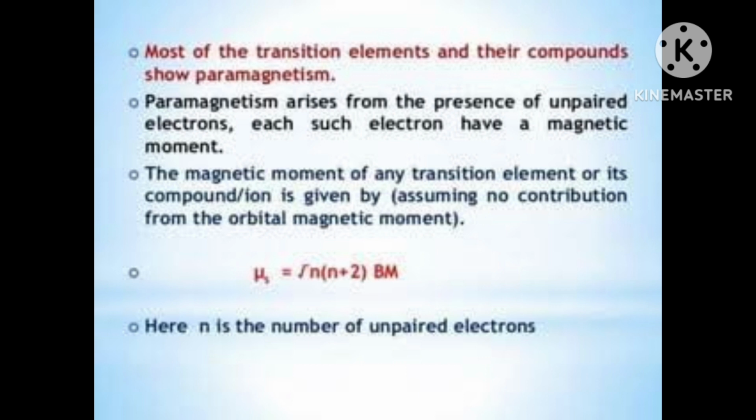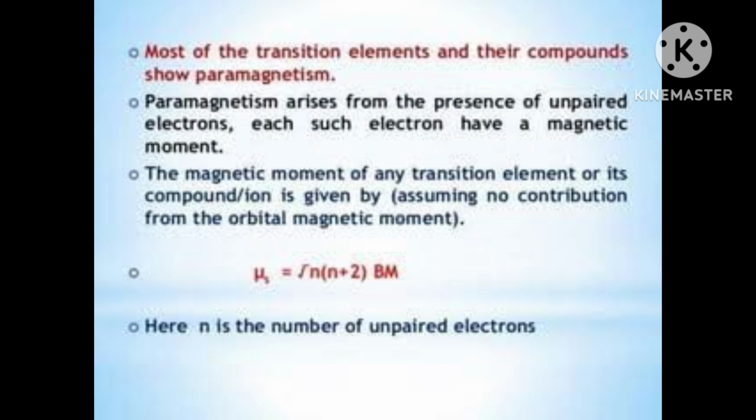Each such electron has a magnetic moment, and the magnetic moment is associated with, first, spin angular momentum and, second, orbital angular momentum. These two momentums are responsible for the magnetic moment.